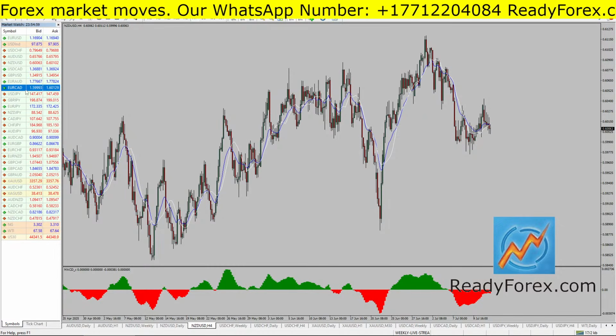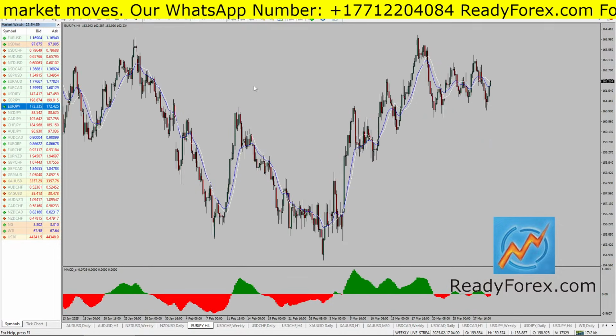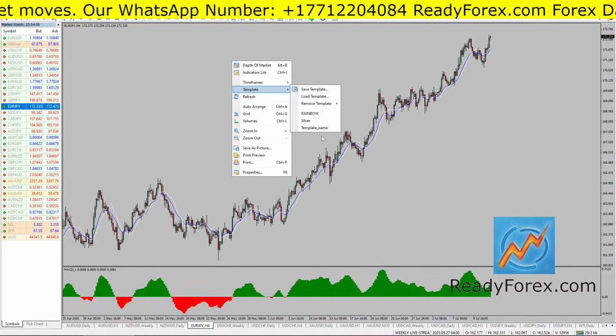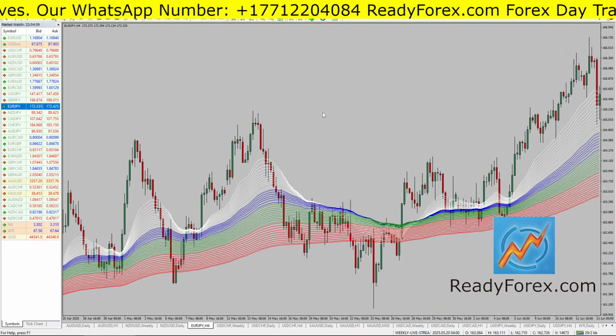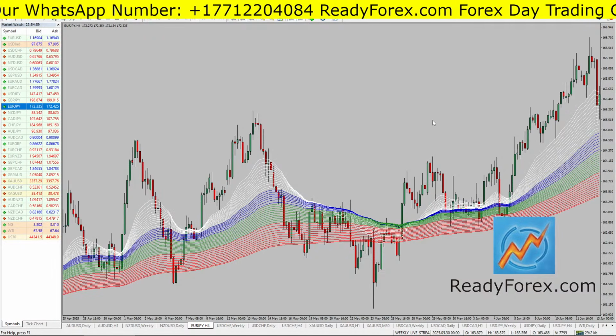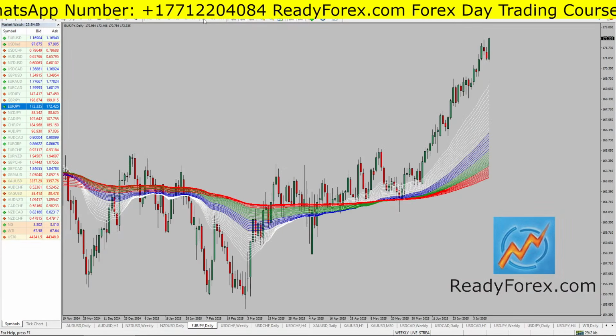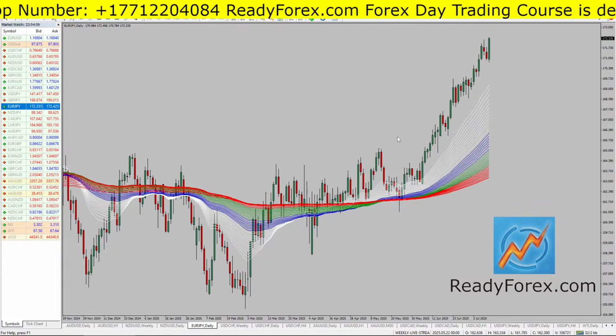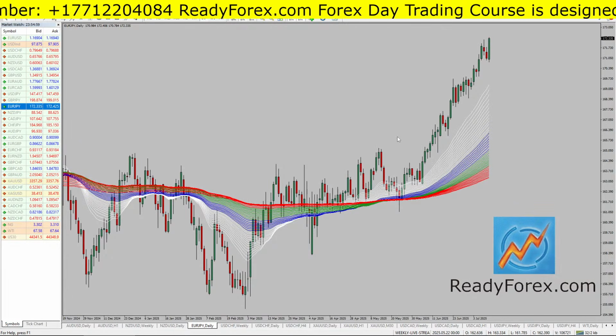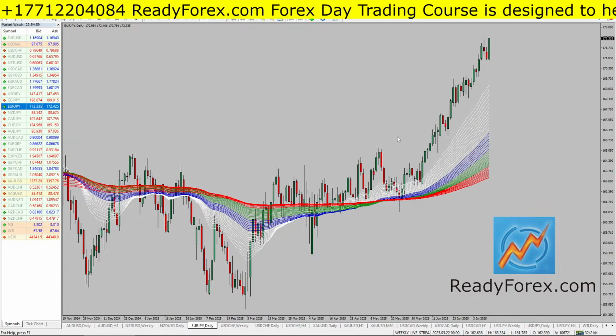Regarding the JPY, let me go over to the Euro JPY and apply the rainbow. Go over to a daily time frame. You see we got this nice uptrend.